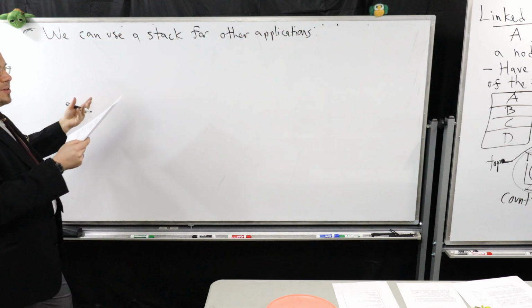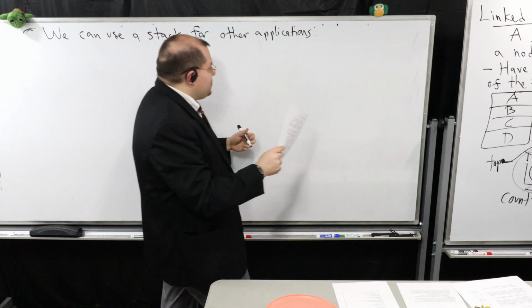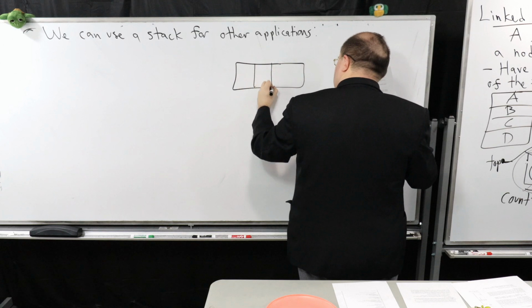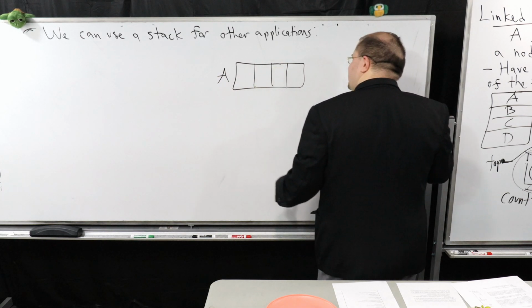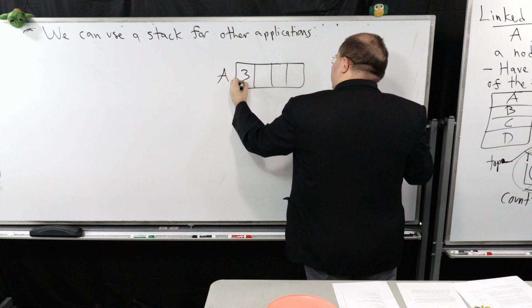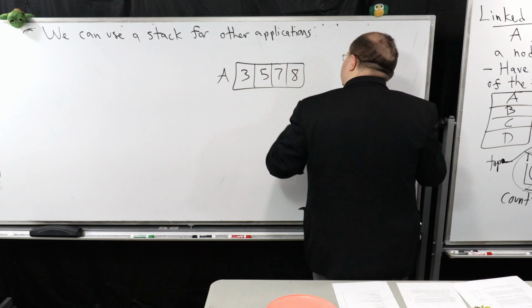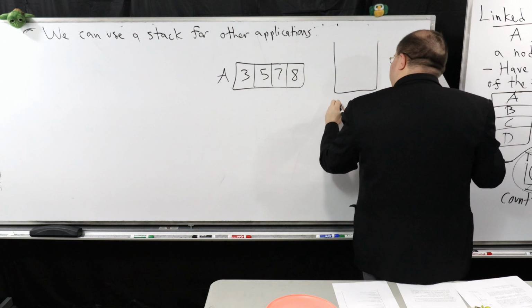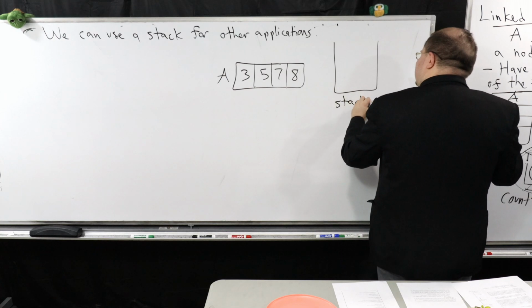So I want to draw you a fun picture. Suppose I have an array, I'll call it A. And it has some numbers in it, like 3, 5, 7, and 8. And suppose I have a stack. I'll just call it stack, just to keep it simple.